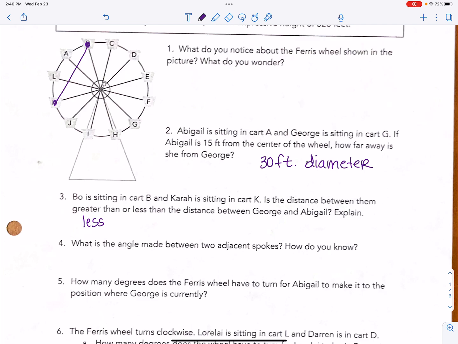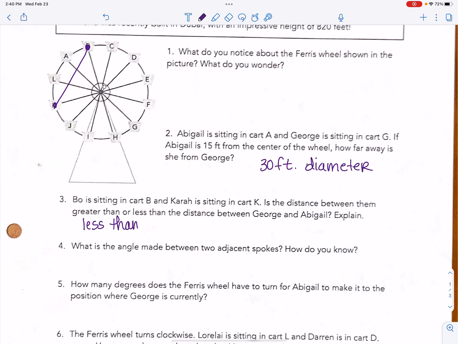And so that chord is going to be smaller than the diameter because the diameter is going to be the greatest distance across a circle. So it would be less than because the longest distance is the diameter.